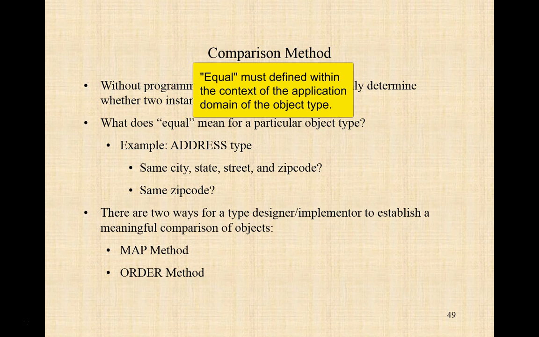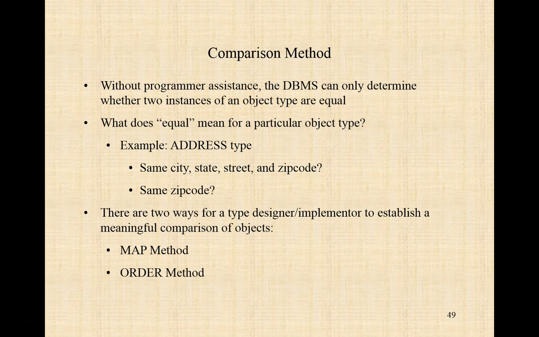For example, if we have an address type, what does it mean for two addresses to be equal? Does it mean they have the same city, state, street, zip code? All of the attribute values are the same? Or is simply the same zip code sufficient? We have to define that when we describe our application domain.